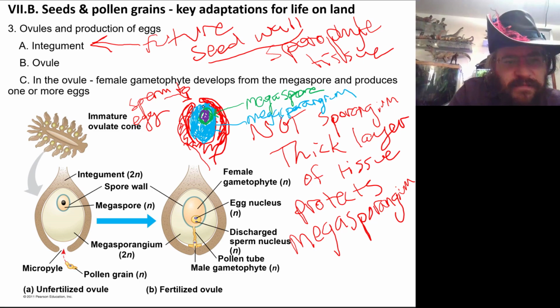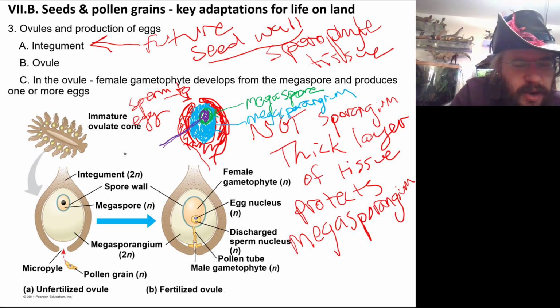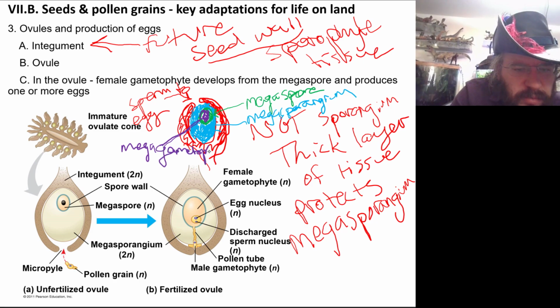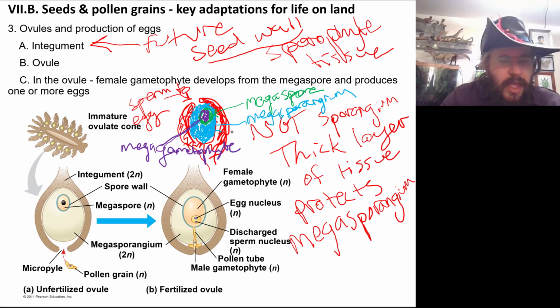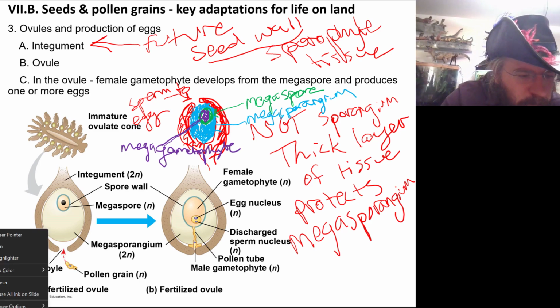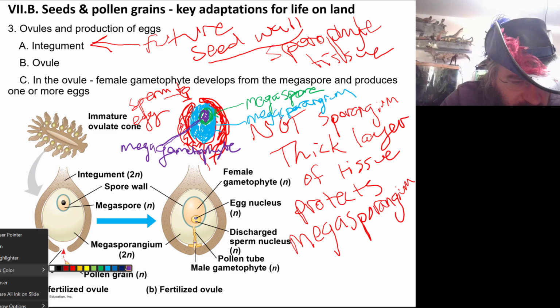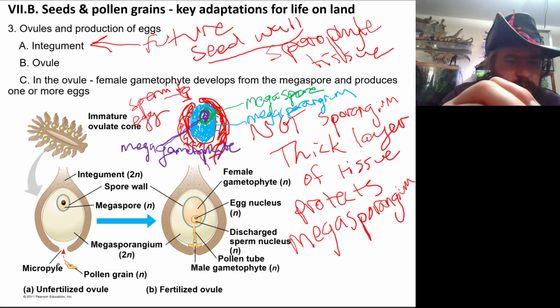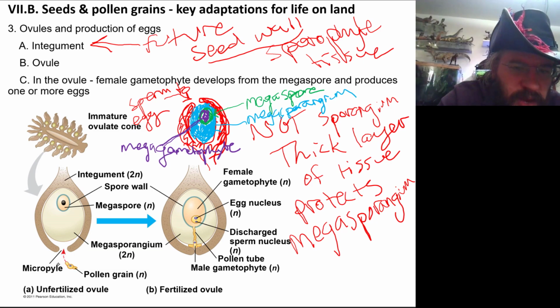That's called good enough. There's our megagametophyte. And then our final layer of our nesting doll is an egg.